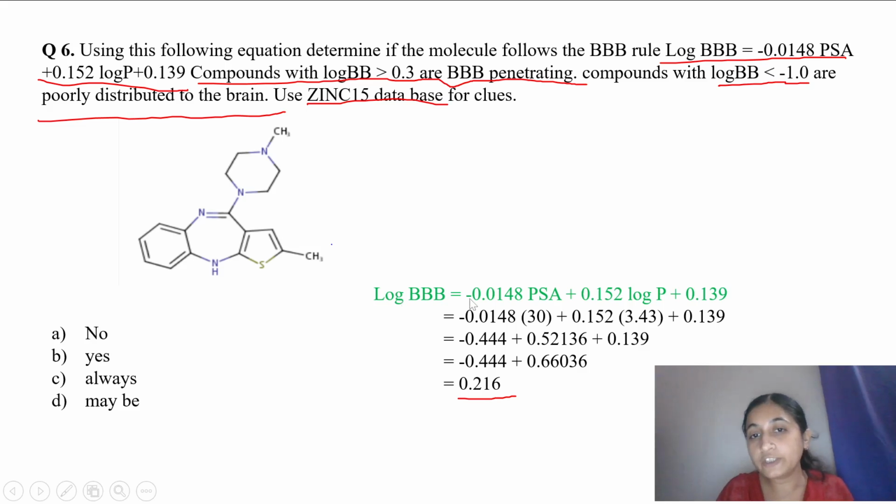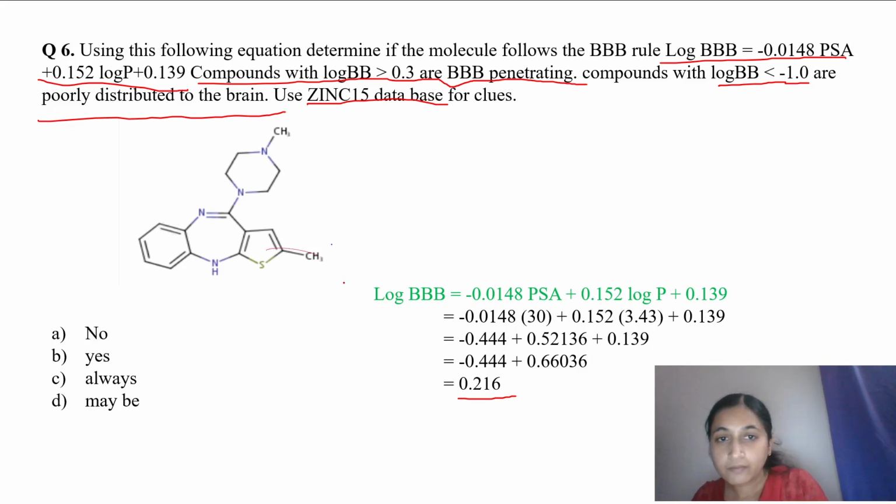Log BB equal to minus 0.0148 PSA plus 0.152 log P plus 0.139. So we drew this just now in the ZINC database and we have taken from there the PSA value, which is 30, and the log P value, which is 3.43, right? So what is the problem?